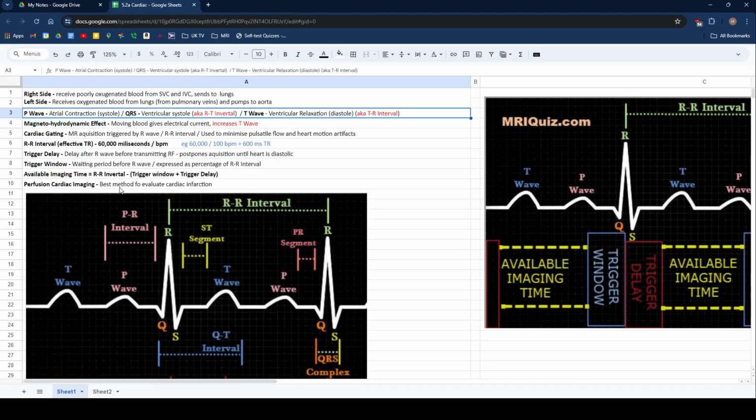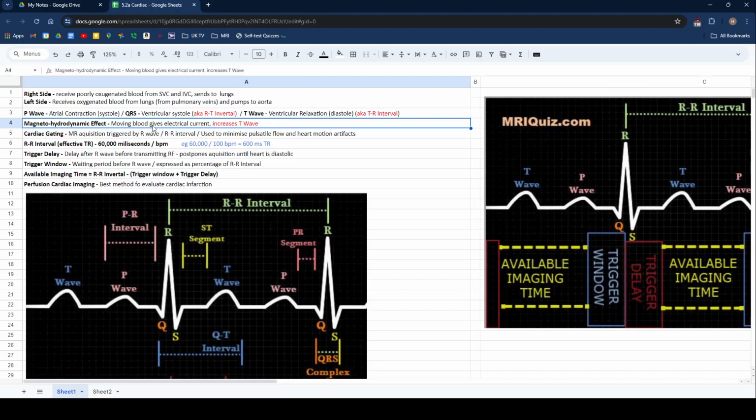So P wave, atrial contraction, PR interval. QRS is ventricular systole, RT interval. T wave is ventricular relaxation, diastole, or TR interval.